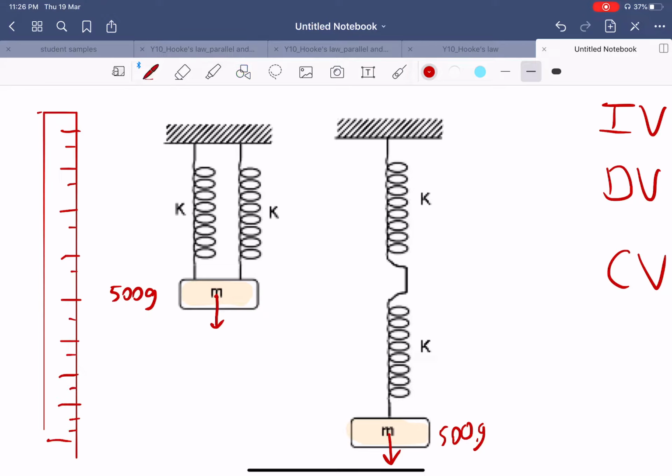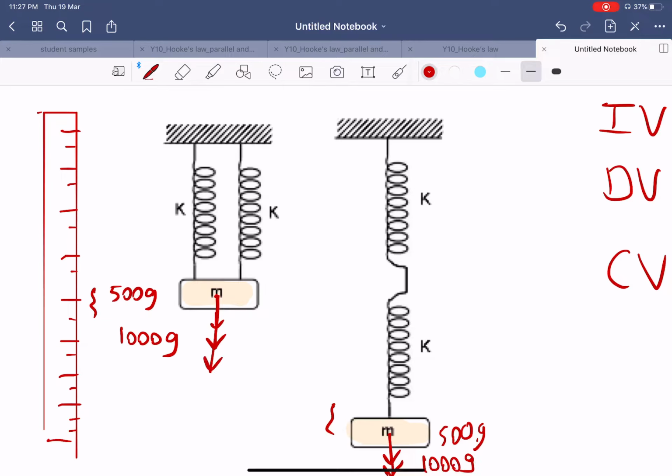And this is how it's something controlled, because the extension is the thing that is changing based on how much downward force I'm applying. So if I increase the mass here to 1000 gram, I'm going to increase the mass here to 1000 gram as well.